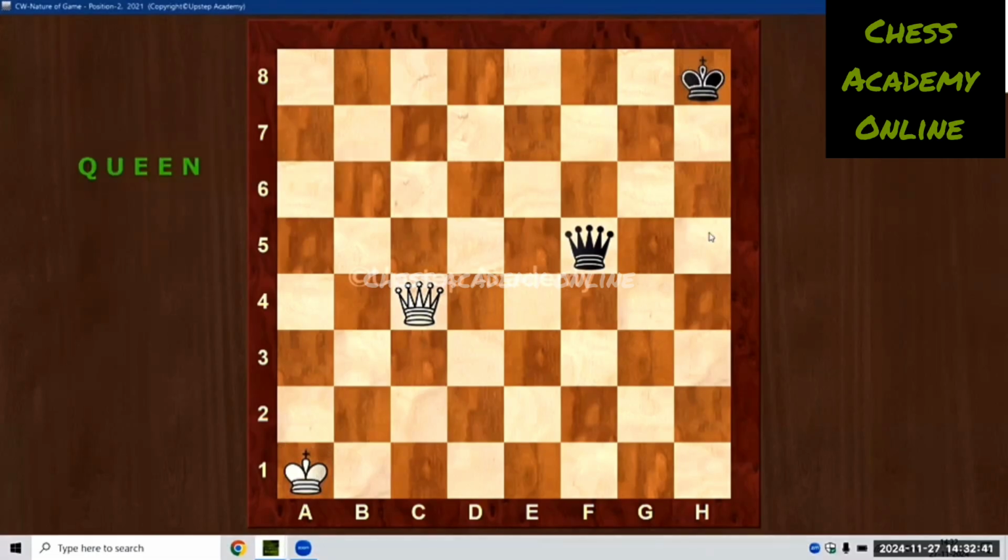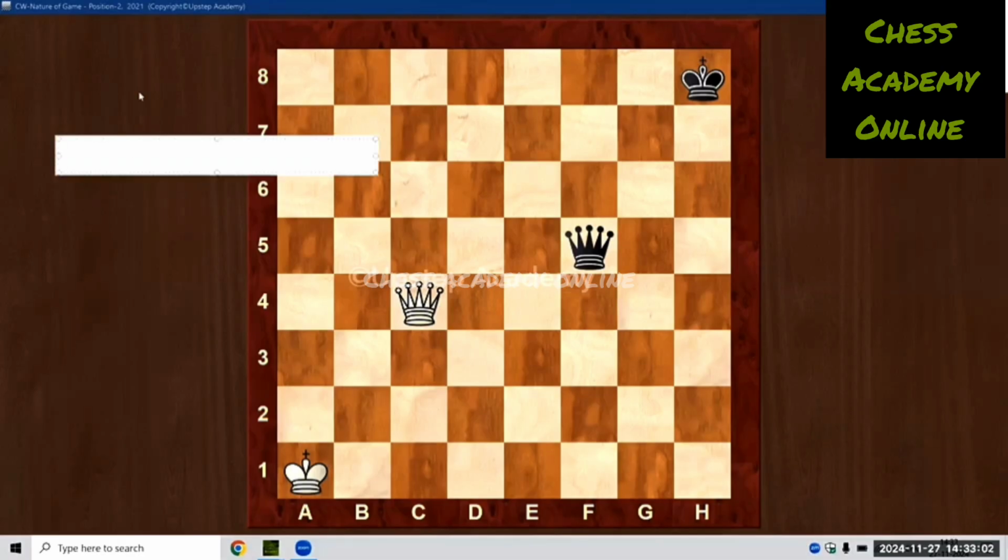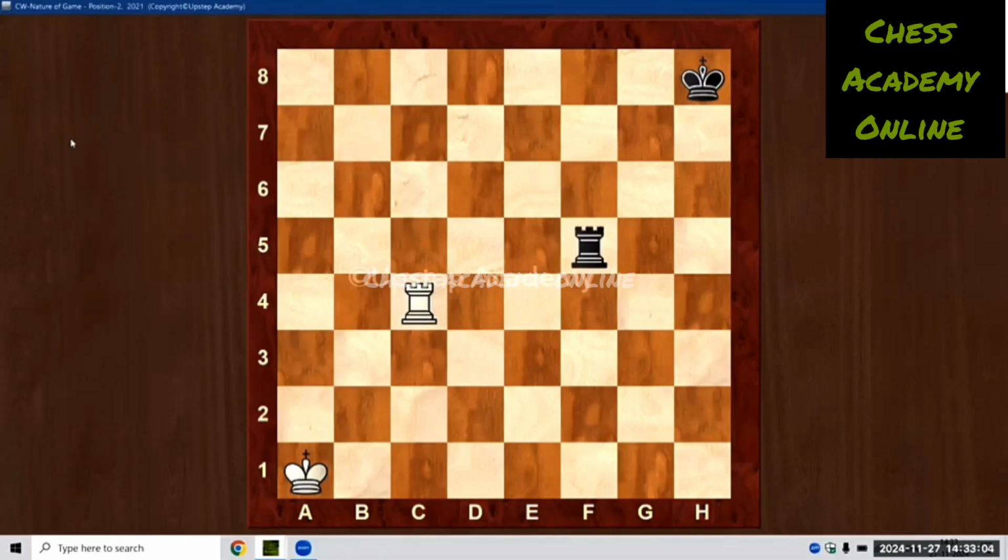So we have to learn to identify how each chess piece looks. The king has a plus sign or a cross on top of its head, and the queen looks like a crown.